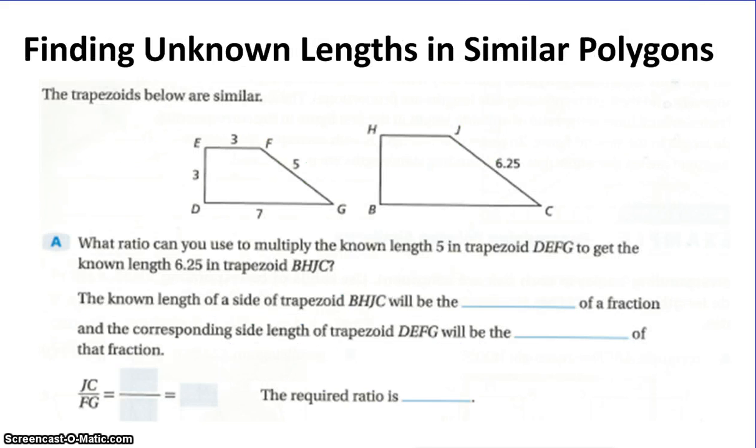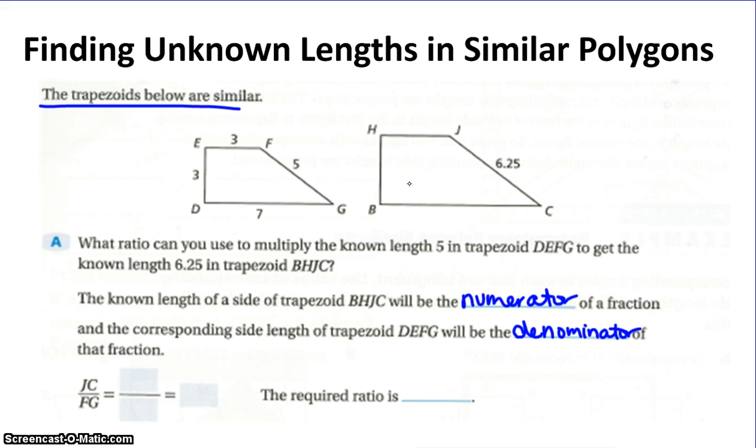Alright, now, it says that these two trapezoids are similar. So I know that their ratios have to be the same, and I need to find the missing side length. Okay? So it says the known length of the side of trapezoid BHJC will be the numerator of a fraction, and the corresponding side length of trapezoid DEFG will be the denominator.